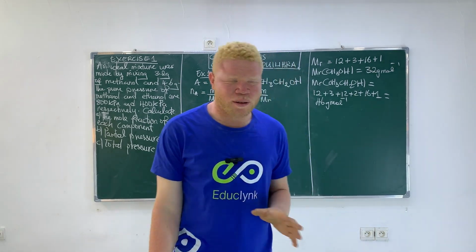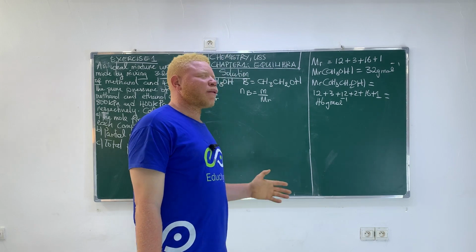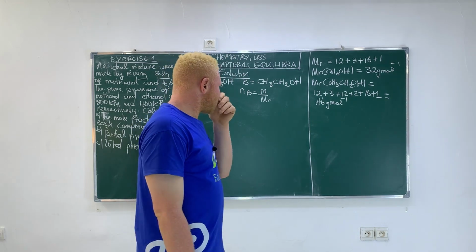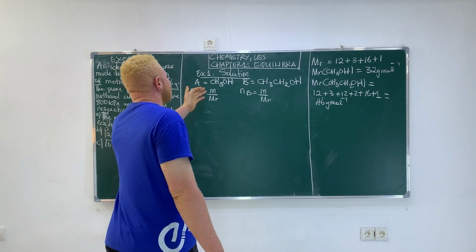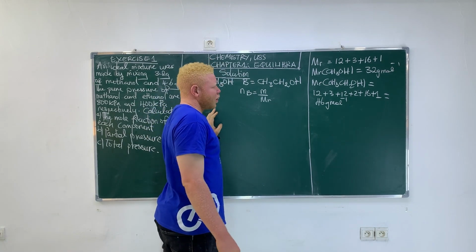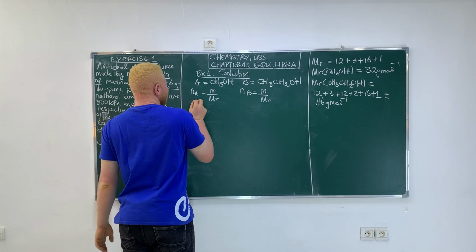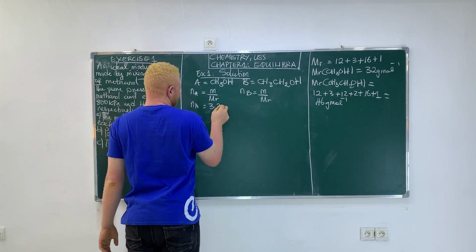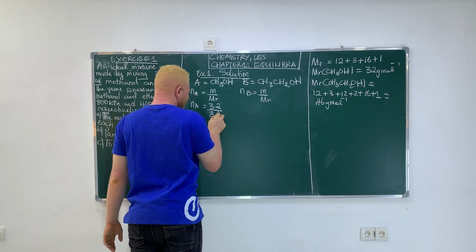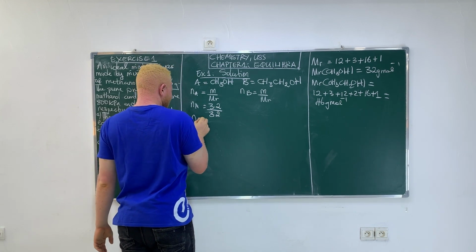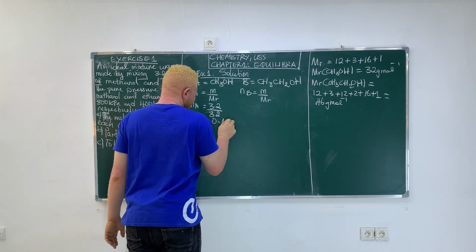So we have the various molar masses. Now we calculate the number of moles, which is given mass over the molar mass. For methanol, the given mass is 3.2 divided by 32, so the number of moles of A is 0.1 mole.